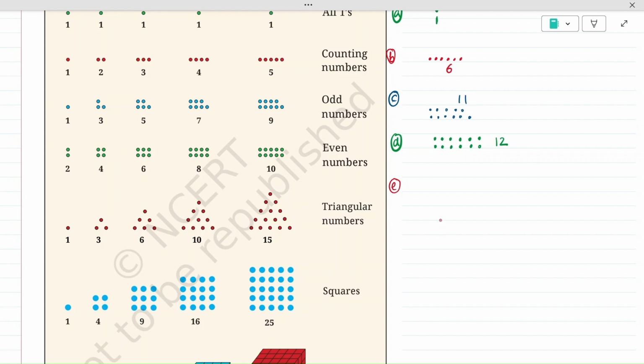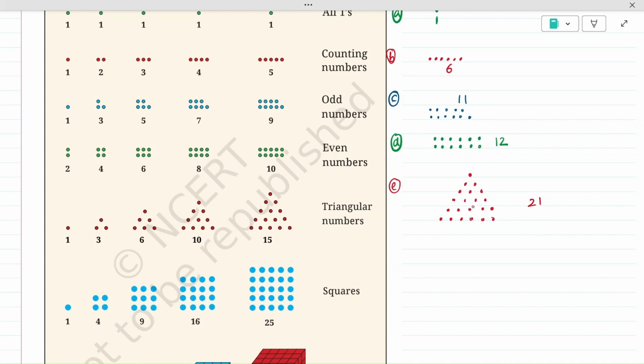Let me represent it here. 1, 2, 3, 4, 5, 6, 7, 8, 9, 10, 11, 12, 13, 14, 15, 16, 17, 18, 19, 20 and 21. So this is how we are going to represent 21 as a triangular number.